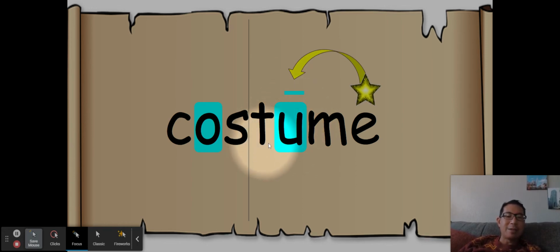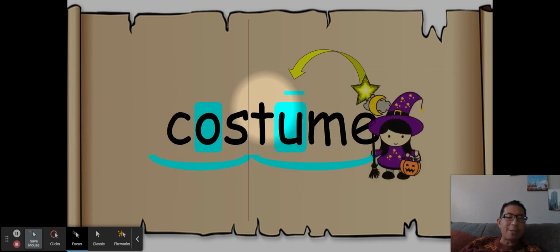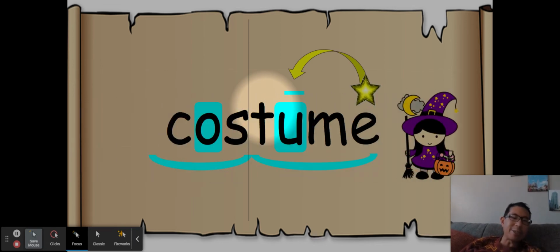So let's try it: tume. Let's put these together: costume. Now it's kind of weird, this T kind of sounds like ch, so costume. A costume is what someone wears.